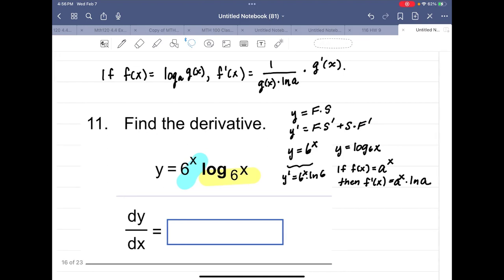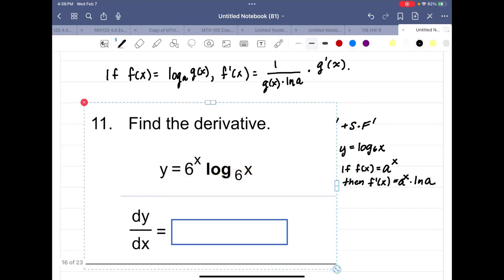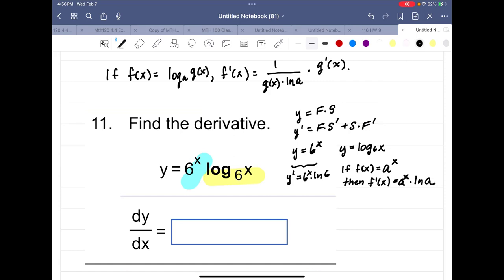And we know how to take the derivative of this second function. If y is log base 6 of x, then y prime is 1 over x times the natural log of 6.